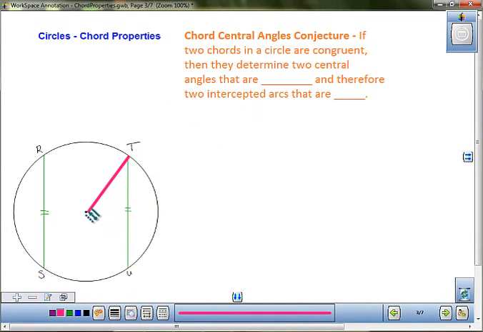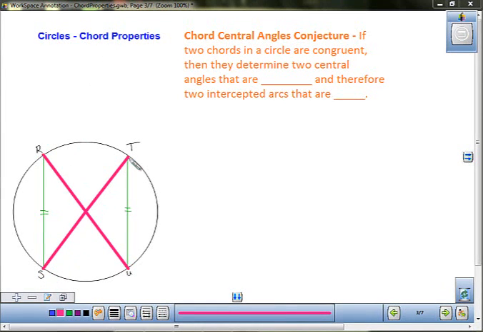So T to the center out to U, and R to the center out to S. Now notice these lines ST looks like a segment and RU looks like a segment, and they are because these chords were congruent. This just means these are two intersecting lines, which means vertical angles are congruent.